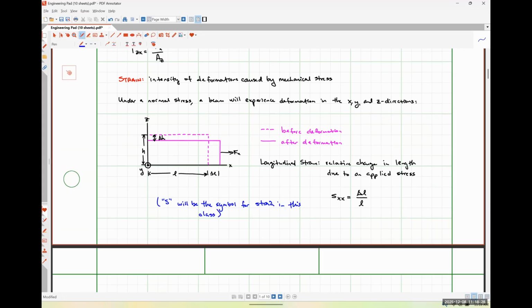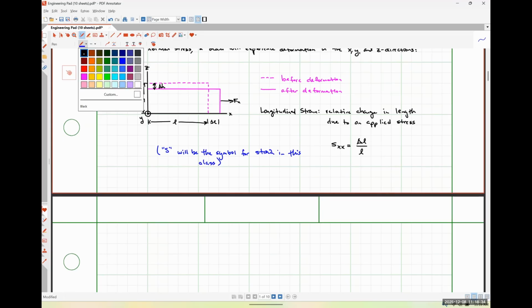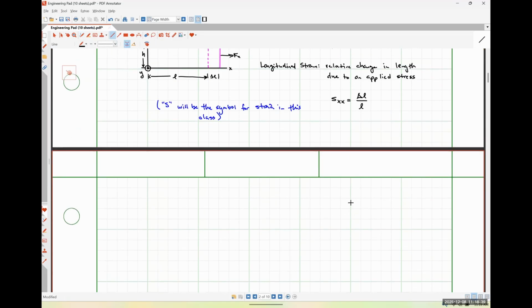Okay. And we're also going to experience some form of transverse strain, which I will illustrate with yet another picture. So here's our Z direction yet again, but we're looking at it from a slightly different way. So this is going to be our Y direction, and X will be directed out of the page.